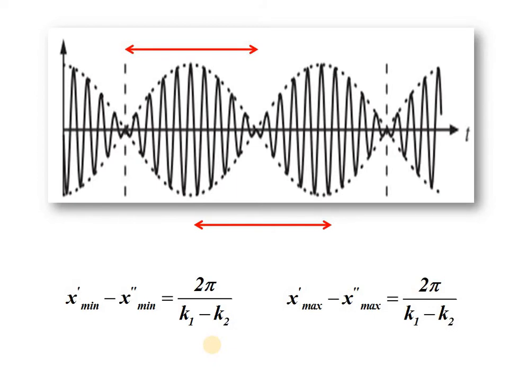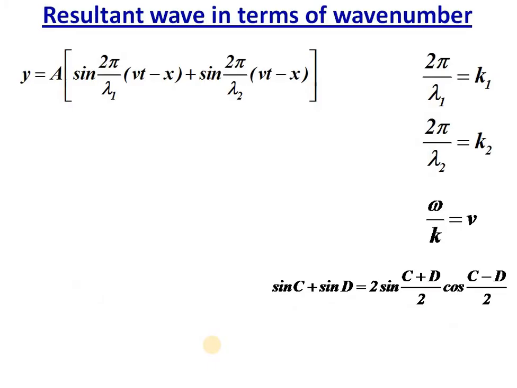Okay, equal distance. Now, what is the importance of these beads formation? Beads are very important in many instruments. For example, suppose you have two tuning forks. Assume that their wavelengths or frequencies are almost similar, comparable, and you excite them together simultaneously, then you will see some sound variation.